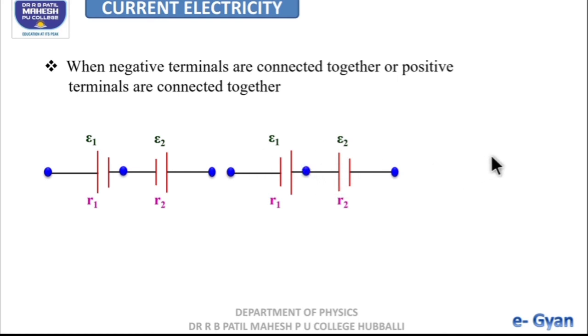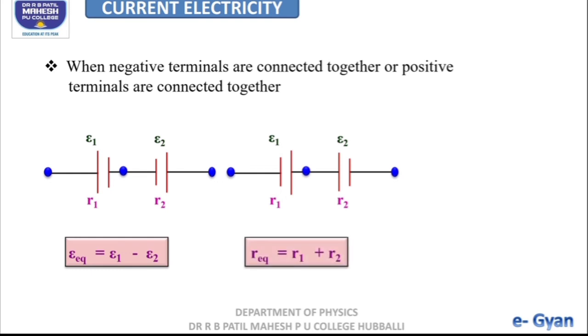When they are connected like this, equivalent EMF is equal to E1 minus E2, where E1 is greater than E2, and internal resistance is equal to the sum of the internal resistance of each cell, that is R equivalent is equal to R1 plus R2. These are a few important points to be remembered.